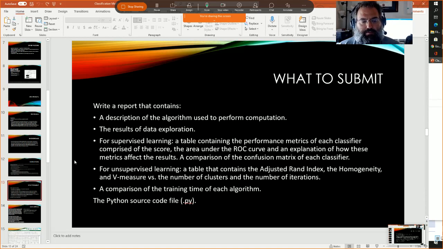Inside of that table include the score, the area under the ROC curve, and an explanation of how these metrics could affect the result. And then a comparison of the confusion matrix of each of the classifiers. For unsupervised learning, a table containing the adjusted RAND index, homogeneity, and the v-measures versus the number of clusters and the number of iterations. And then a comparison of the training time of each algorithm.